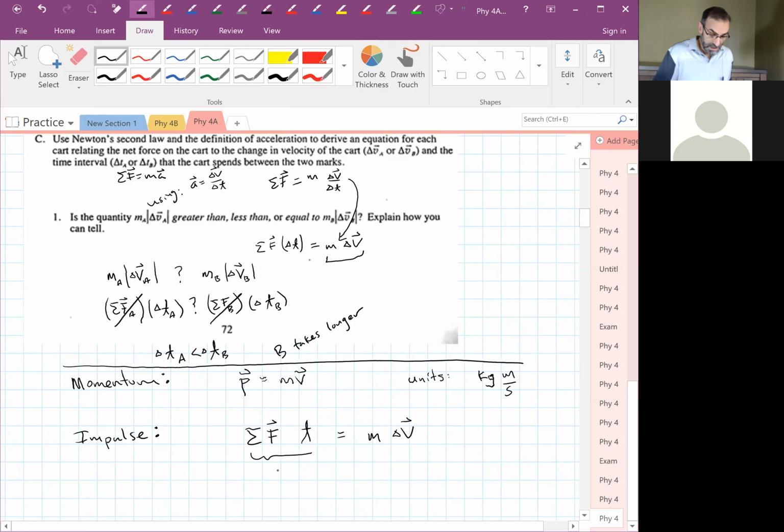This is the impulse. This is the change in momentum, delta P. Impulse is equal to change in momentum. So that's where we start off on the next page.